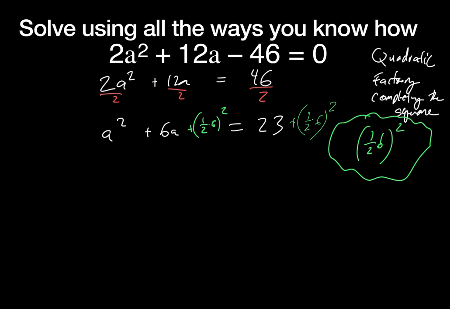And when I do that, half of 6 is 3, and 3 squared is 9. So on the right side, instead of 23, I'll have 23 plus 9, which is 32.